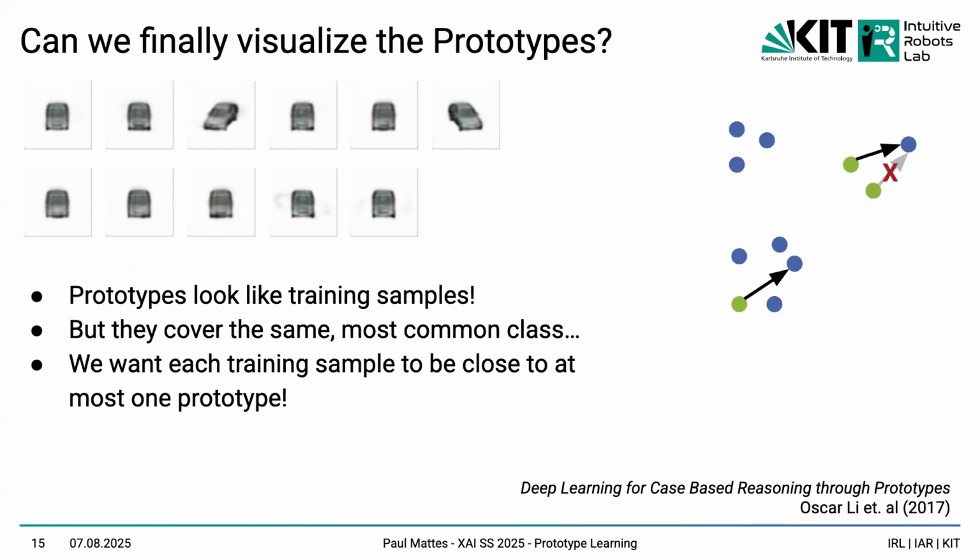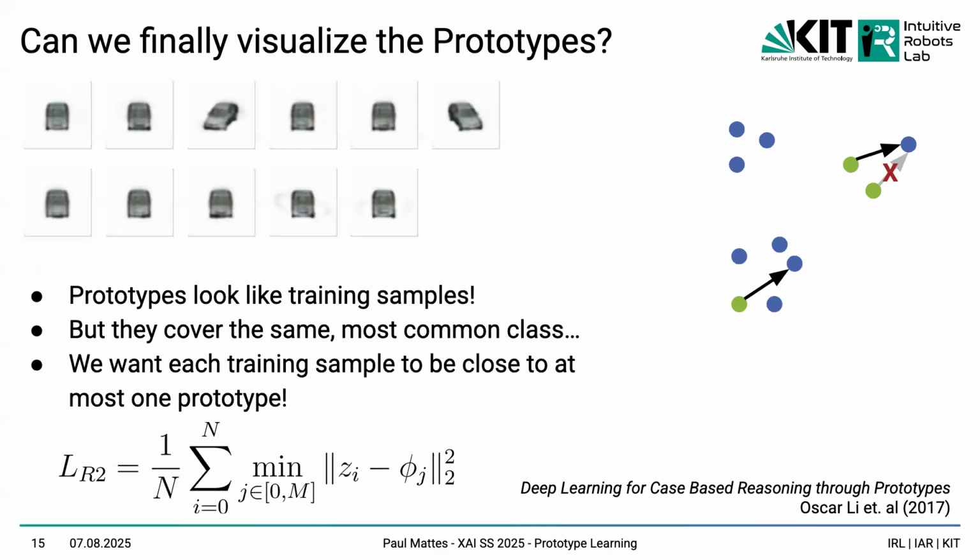But there's also a fix for that. We can now say that each training sample should be close to at most one prototype. So we try to get not a one-on-one matching, but one cluster of one prototype being near to the training samples, and then another prototype being near to another cluster of training samples, so that we actually represent every different class we have in our model.